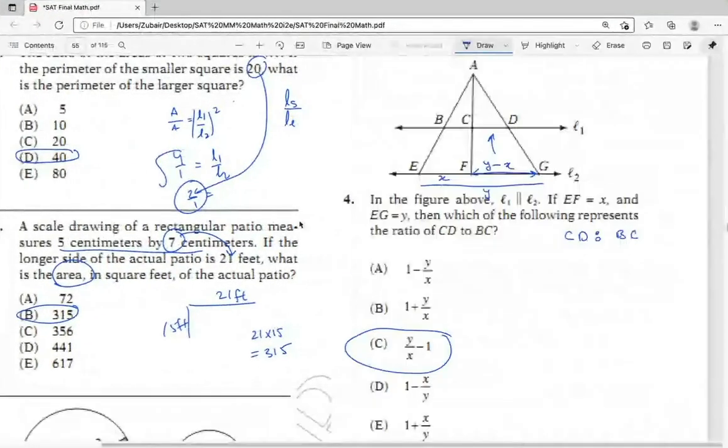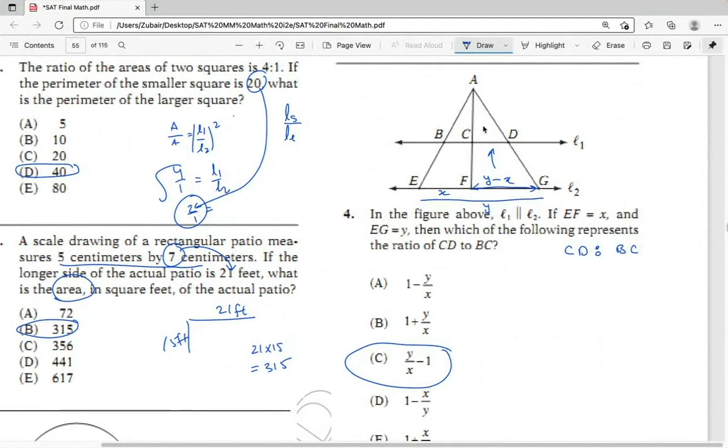We can see in the right-hand side triangles, y minus x, we are not using that as a value, but as a ratio. So that corresponds to CD, that is y minus x. On the left-hand side, x corresponds to this BC, so that's x.